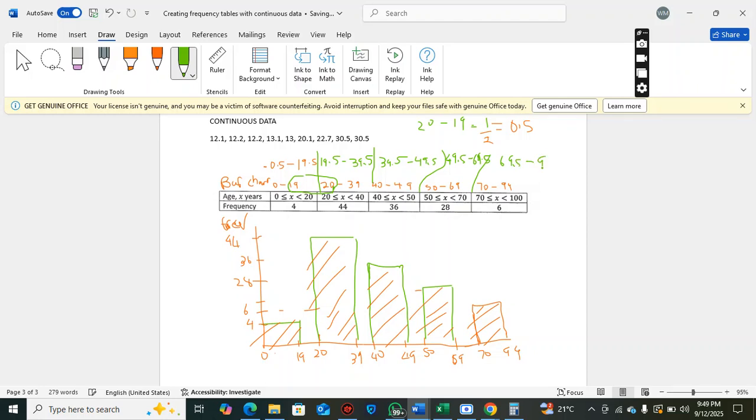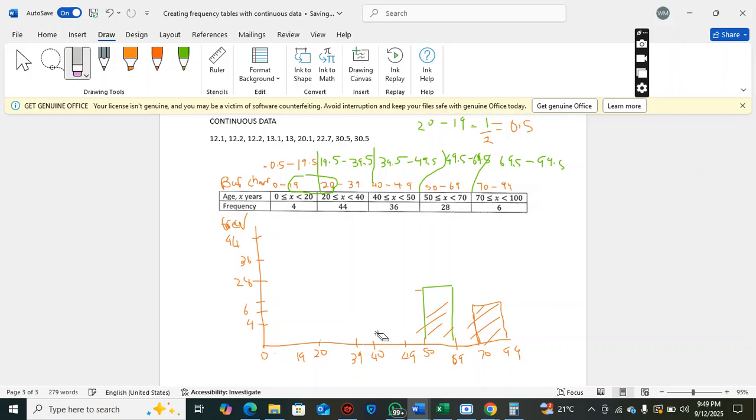Once we make these class boundaries, now we're able to join the data. So let me just erase this. This negative 0.5 is insignificant. You can just put from 0 to 19.5, then 19.5 to 39.5.